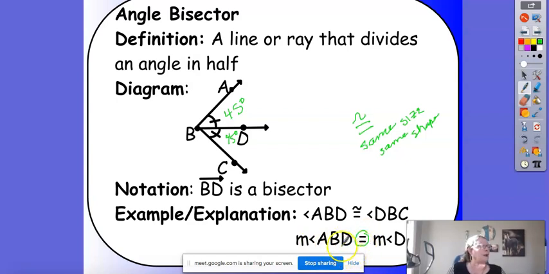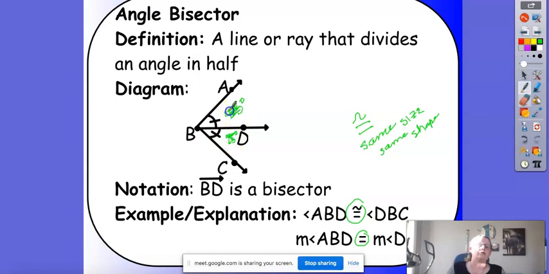Whenever I'm talking about measurements, if I have numbers, I'm going to use the equal sign. But if I have this little symbol here, it says same size, same shape. I didn't tell you what the degrees were. I just told you they're exactly the same.